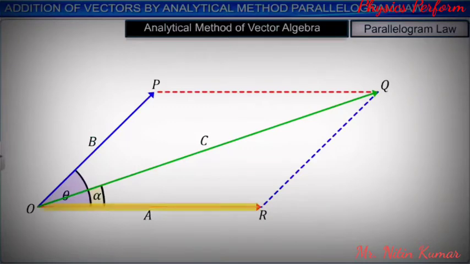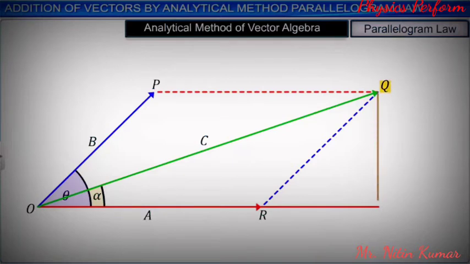From Q, draw a perpendicular to the extended line OR to meet at S. From R, draw a perpendicular to OQ to meet at T. The resultant vector C makes an angle beta with vector B.